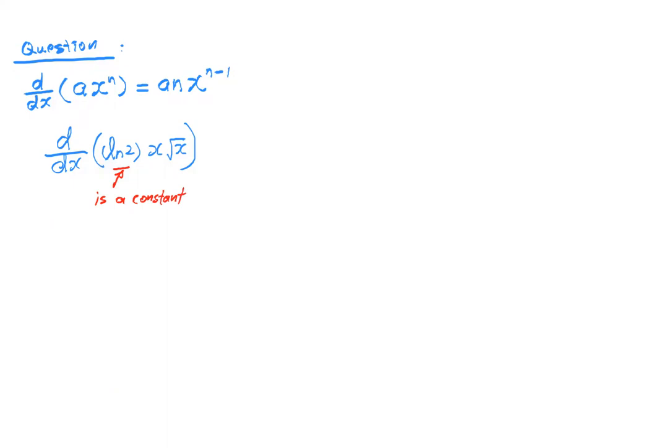As long as ln or e or whatever it is doesn't involve x, it's a constant. For example, e to the power of 5 is also a constant. e is also a constant. Am I right? Pi is a constant. Okay, so then I have to simplify this.